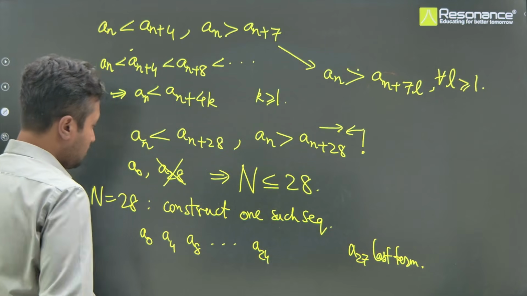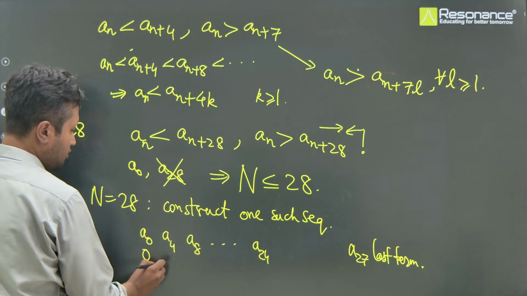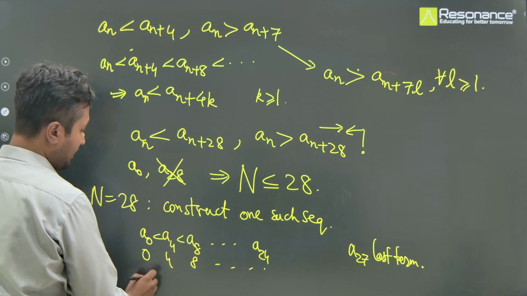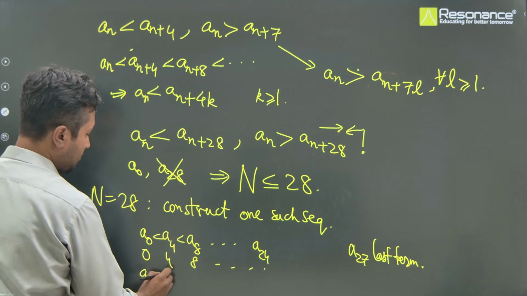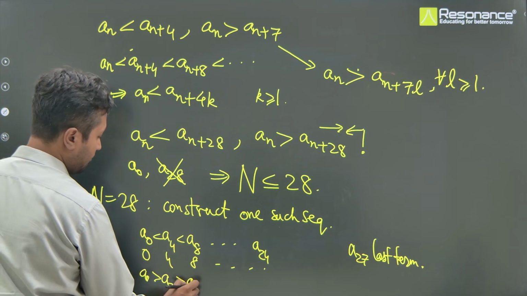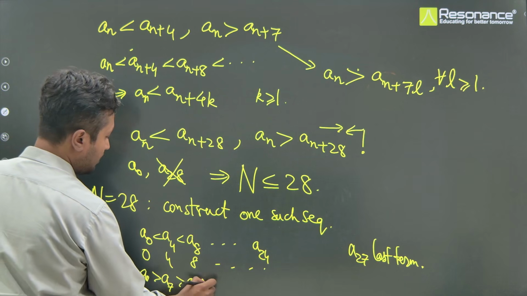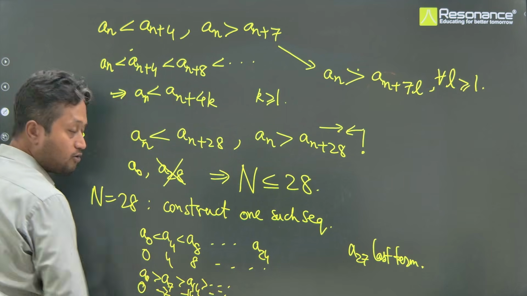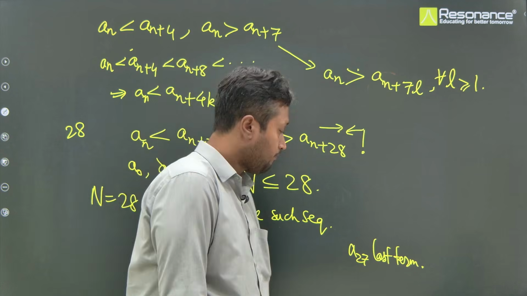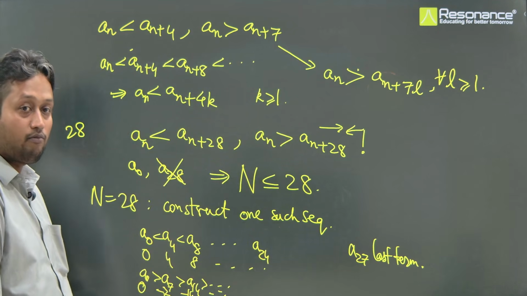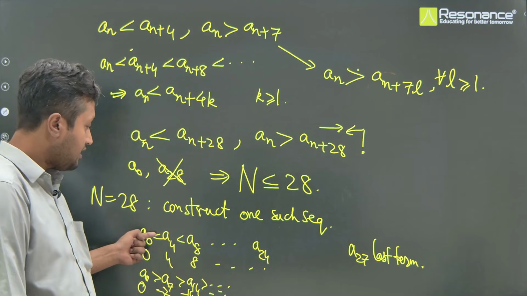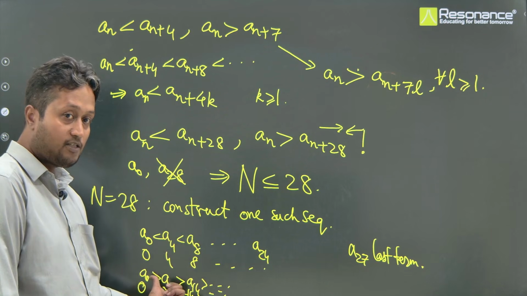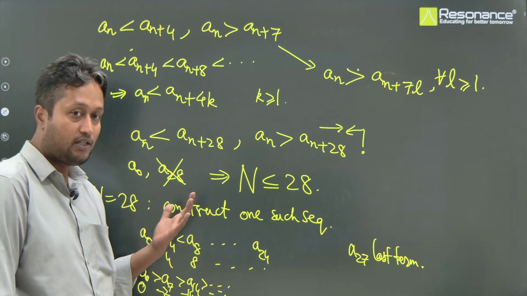All I did was take some values 0, 4, 8 and so on. You want these things to be chained up like this, and then 0 has to be greater than a_7, a_14 and so on. You can take this to be 0, then minus 7, minus 14, minus 21, there won't be minus 28. And the next layer you can compute again. All I'll do is keep increasing these by 4 and decreasing these by 7, and you'll get a sequence, it will work out.